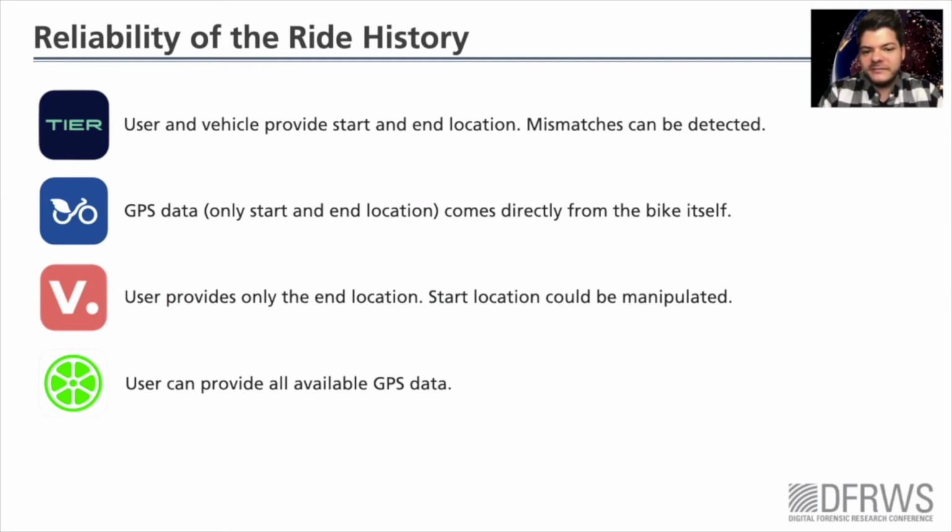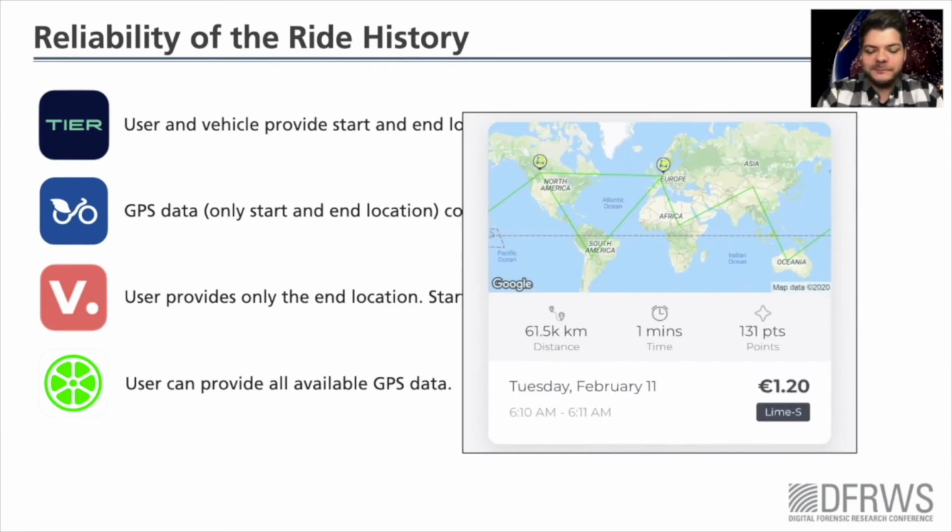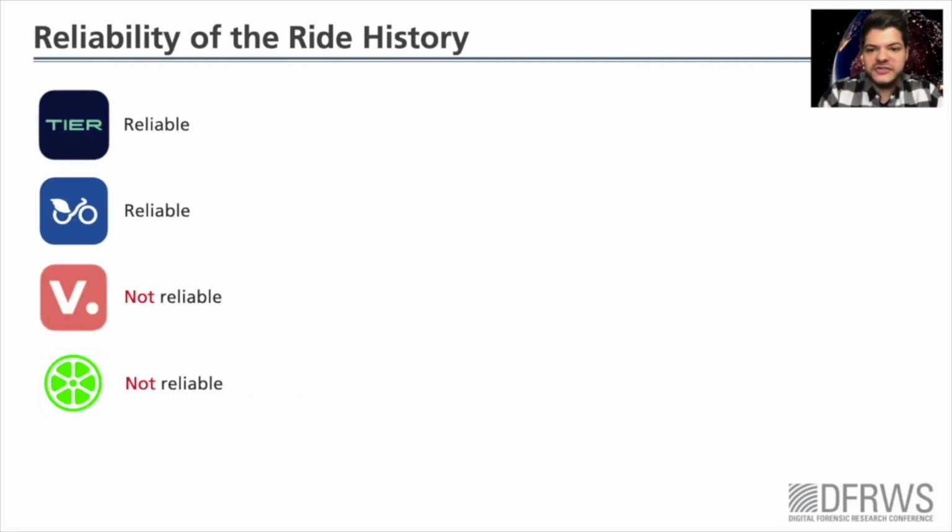So you can also fake the start and end location of a Voi trip. And for Lime, you can actually fake everything. We saw that there's the complete trip start, and you can fake all of these coordinates. They all can be user provided. So this results in something like a world trip for €1.20.